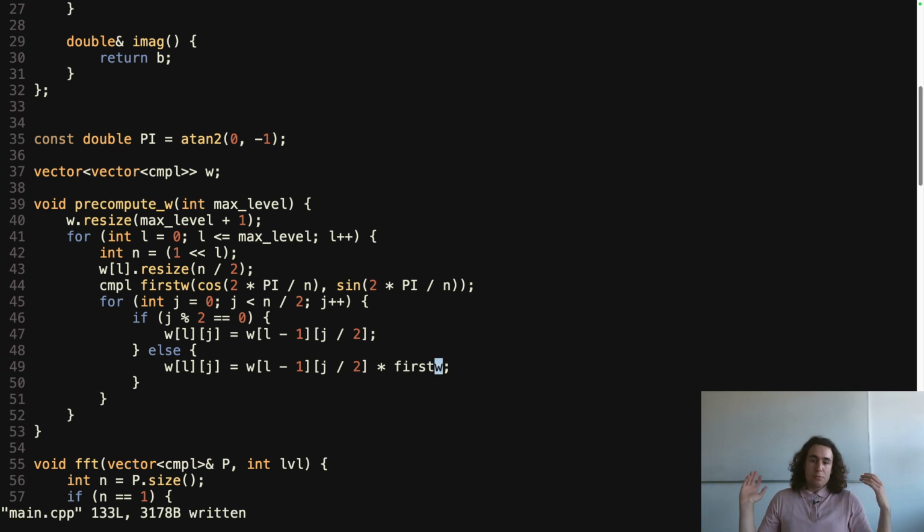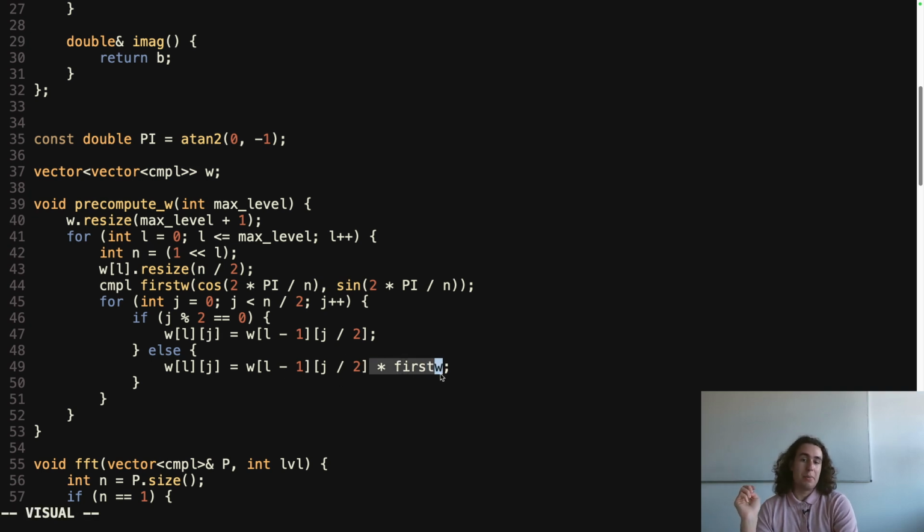Before, I told you that multiplying by the first w is a bad idea if you do it n times, because that's going to give very bad precision. But this is basically binary exponentiation if you think about it. We only multiply log times, right? Because we go to the previous level and then we multiply by something.